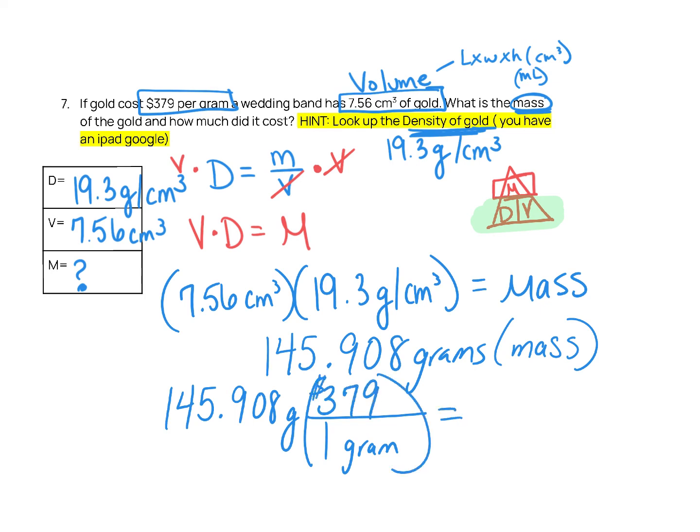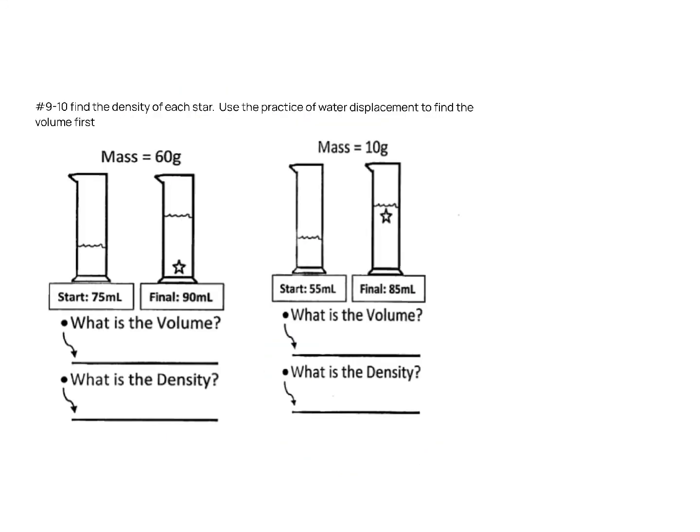So in order to figure out how much money this cost, I'm going to multiply 145.908 times $379. And this wedding band cost $55,299.13.